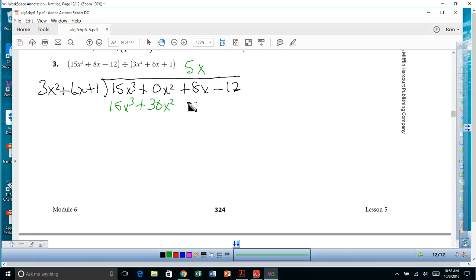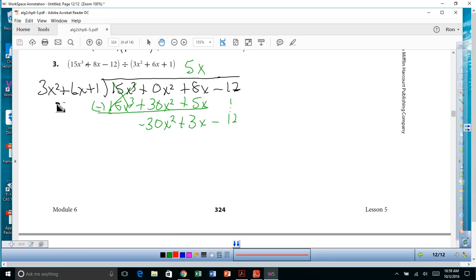And then 5x times 1 would be just plain 5x. If you'll notice, these two cancel out, which is what you wanted. 0 minus 30 would be negative 30x squared. 8x minus 5x will be plus 3x. And we're going to bring our 12 down, minus 12. Good.